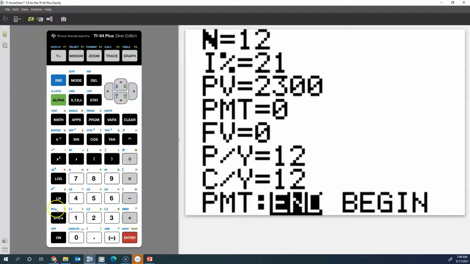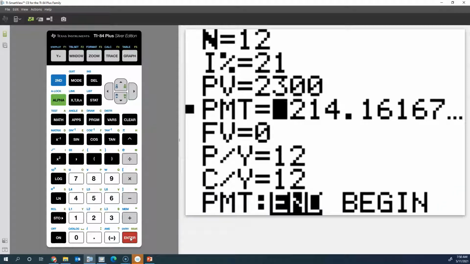Now leave it on end, and use the arrow keys to go back up to payment. The PMT, payment, because that's what we want to figure out. To get the calculator to do the payment, you go alpha, enter. And there's your monthly payment.